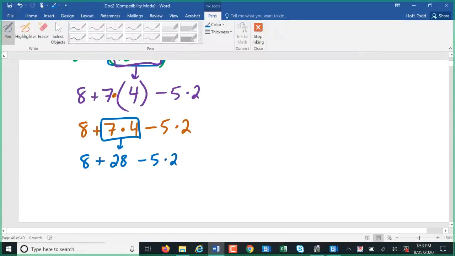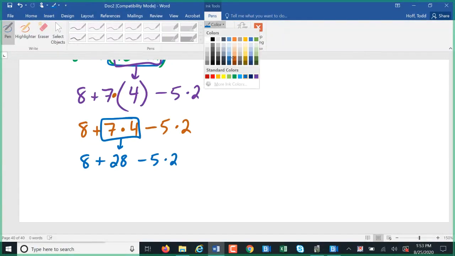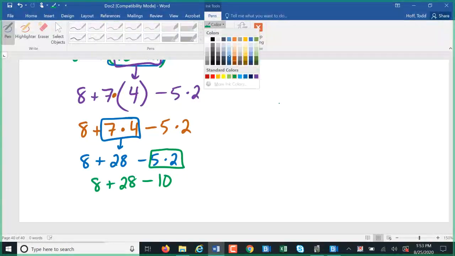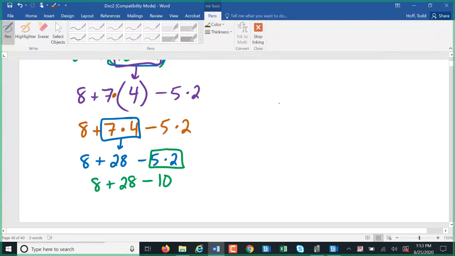And the rest of the problem gets rewritten. The only multiplication or division left is 5 times 2. 5 times 2 is 10. We replace that with 10. Everything else gets rewritten. Now, one little trick that I do is, you see, I put a box around the numbers I'm combining. Everything that's not inside that box then has to be written in the next line.